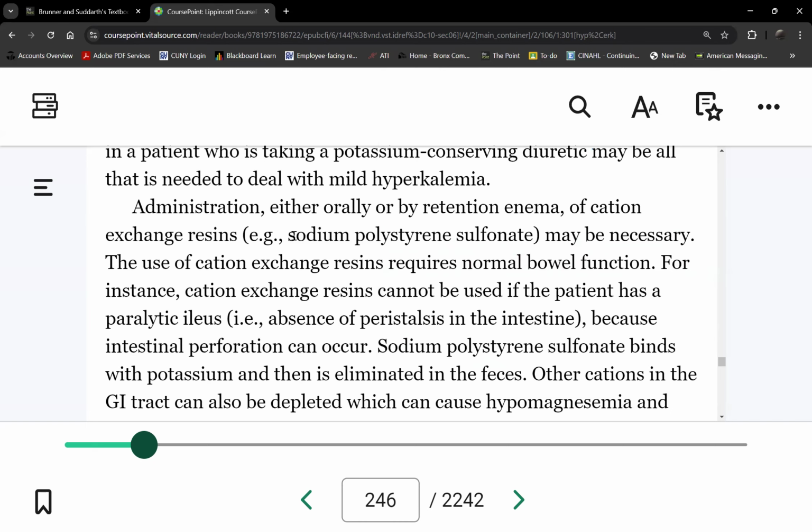How will the body remove potassium when you take Kayexalate? It will cause a bowel movement. So SPS can cause diarrhea. When you have diarrhea, will you lose potassium? Yes. So either orally or through an enema.